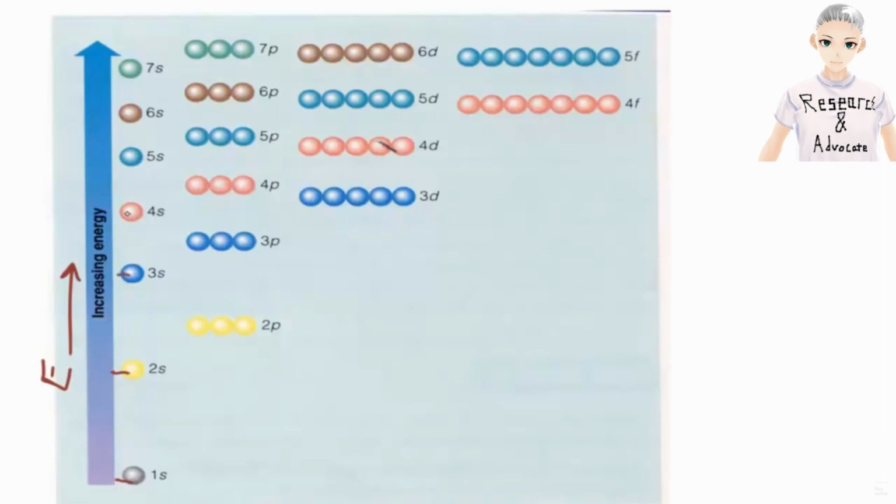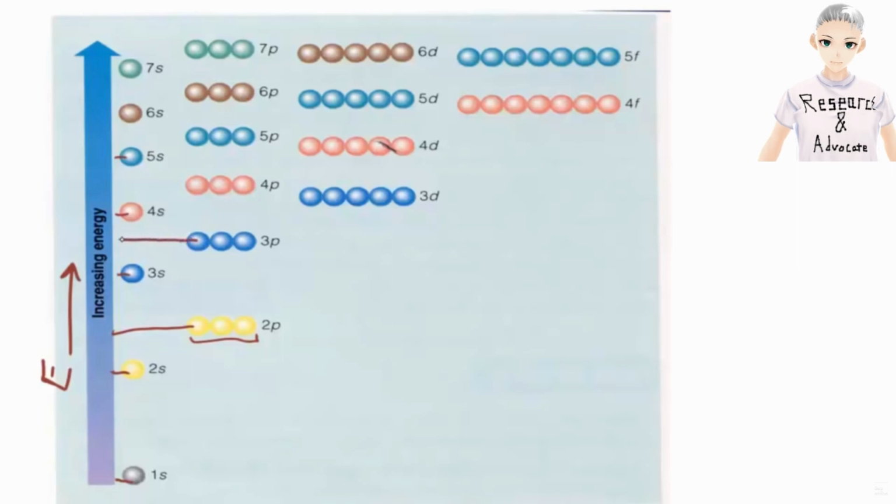And so the s orbitals, as you go to 1s, 2s, 3s, 4s, etc., keep increasing in energy. As we saw before, 2p orbitals are higher in energy than 2s, and there are 3 of them. So the 3 circles represent the 3 2p orbitals. Not the shape, just the fact that there are three orbitals within the 2p energy level.